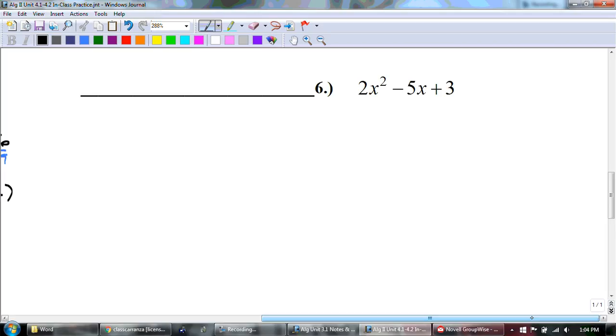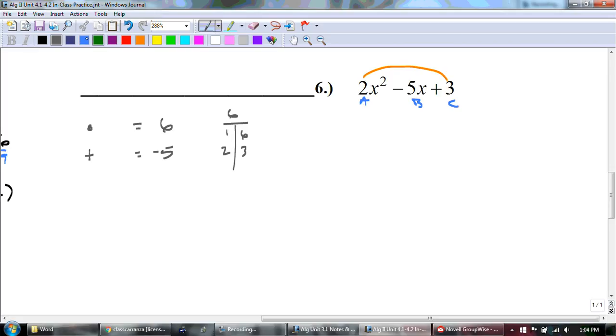So for number 6, we're doing the same thing. The A, B, and C, I have to do 2 times 3, which is 6. So I'm looking for numbers that multiply to get to 6 and add to get to negative 5. Looking at the factors of 6, 1 and 6, 2 and 3, there's only 2 combinations.